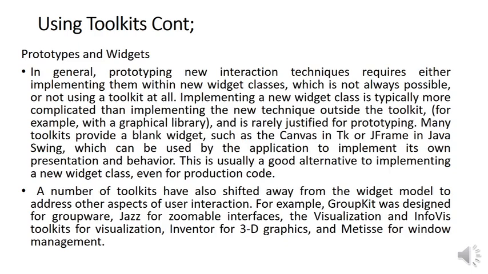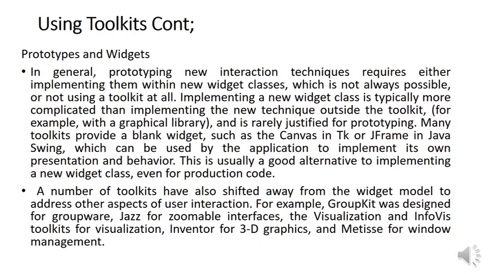For example, with a graphical library, a new widget class is rarely justified for prototyping. Many toolkits provide a blank widget, such as the canvas in Tk or JFrame in Java Swing, which can be used by the application to implement its own presentation and behavior. This is usually a good alternative to implementing a new widget class, even for production code.